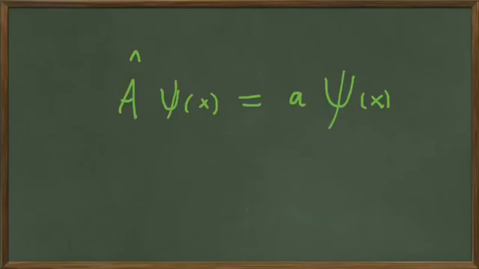And this is a particular kind of operator. This function psi has got a special name. So the fact that the function psi shows up on both sides of the equation, it's called an eigenfunction. The eigen is the German word for equal, so that's sort of explaining why that is.